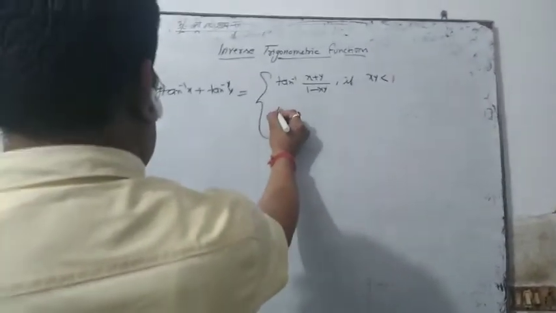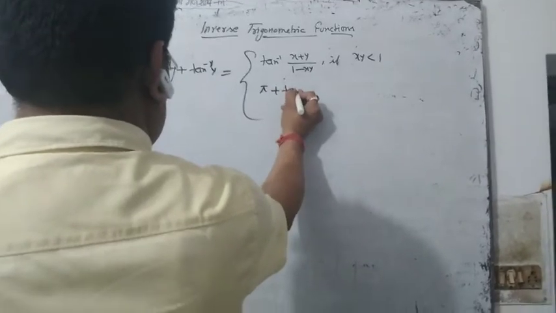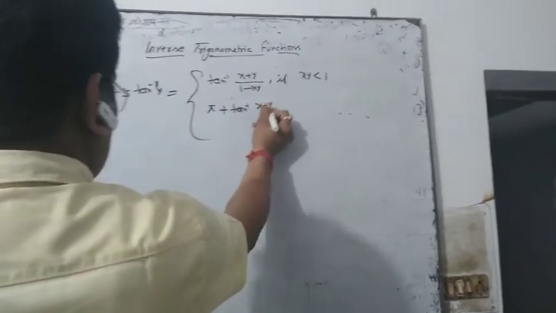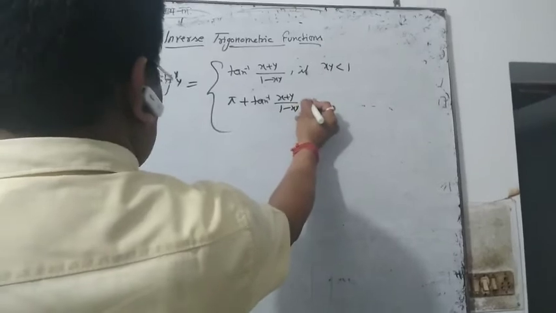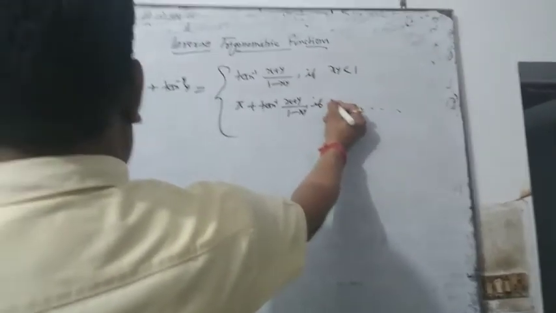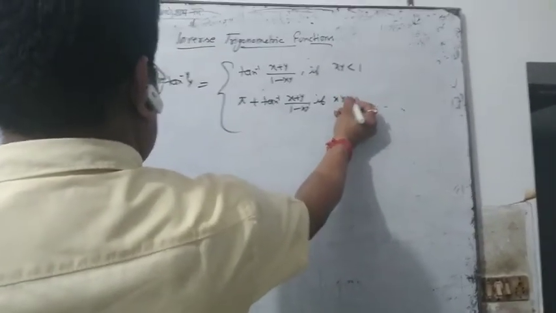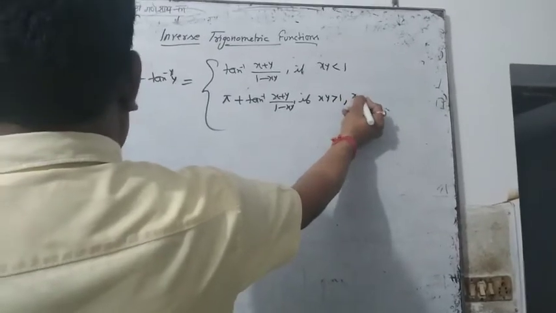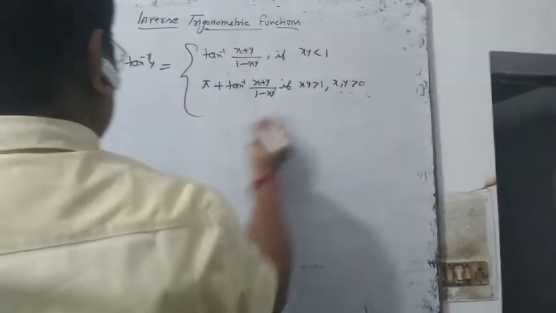Next, pi plus tan inverse of (x plus y) upon (1 minus xy) if xy is greater than 1, x comma y is greater than 0.